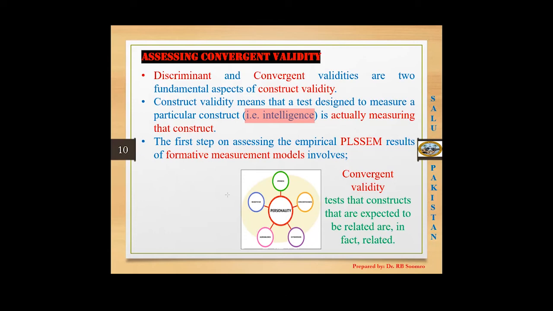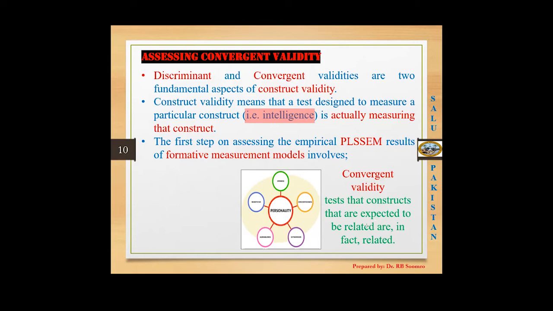Another thing is that the first step in assessing the empirical PLS-SEM result is the formative measurement model. In this one, the first step is that we have to measure the convergent validity. Now, what is convergent validity? It tests whether constructs that are expected to be related are in fact related.